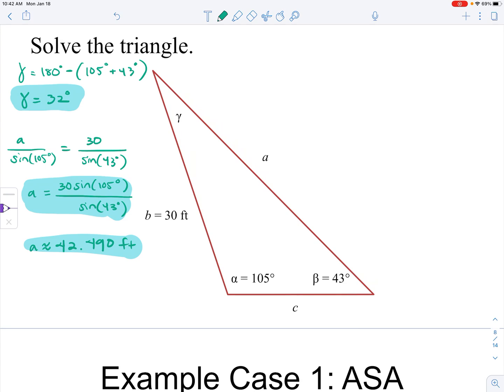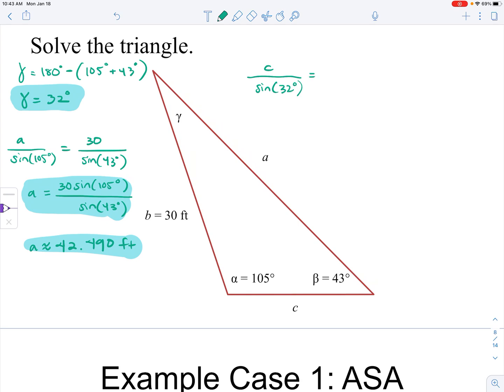And then to finish solving this triangle, we need to solve for side C. We don't need to store the value of A since we can use the given information of side B and the angle beta.